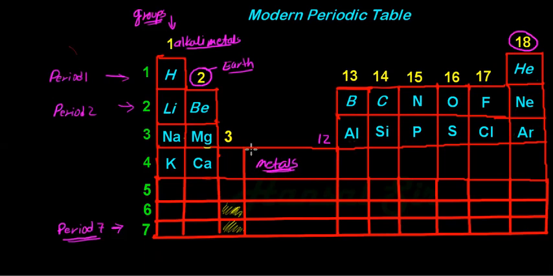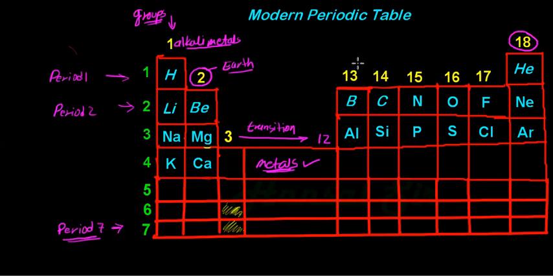So these are known as the transition elements from group 3 all the way up to group 12. All the transition elements are metals. And what are the transition elements? They have two outermost orbits incomplete.